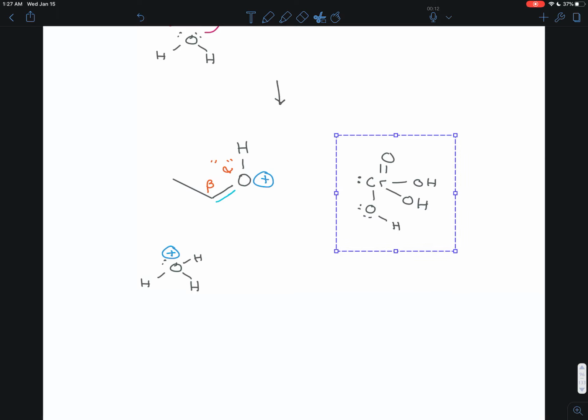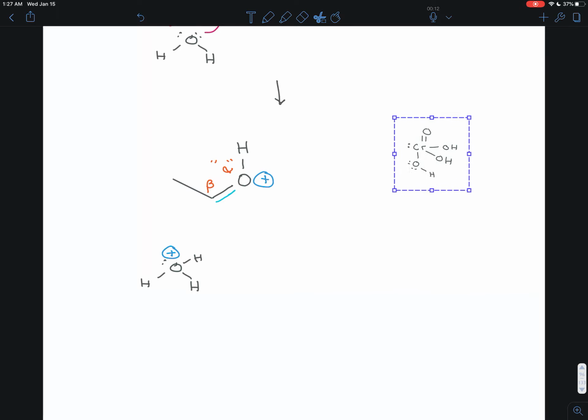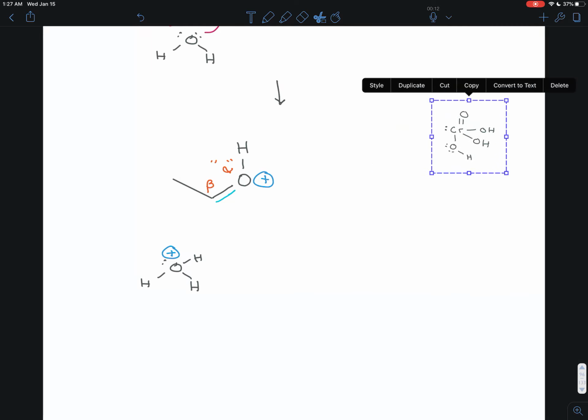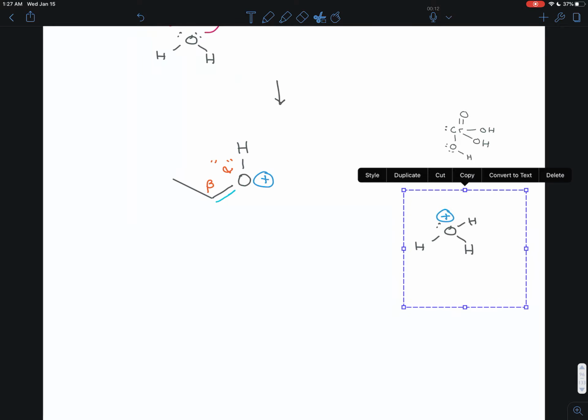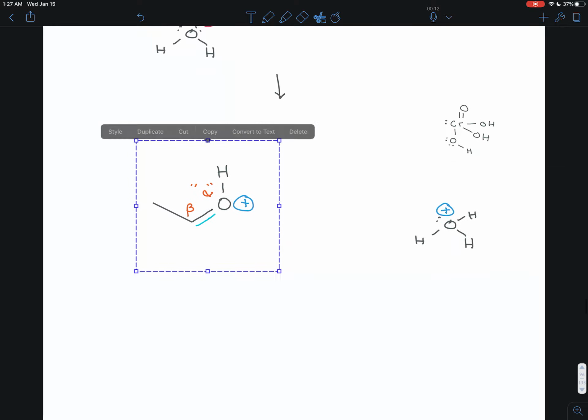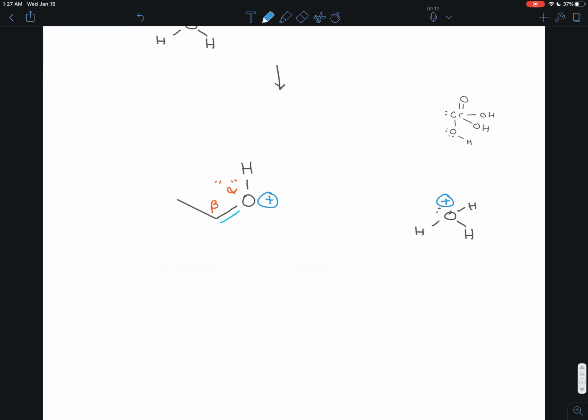Now, this chromium reagent is sort of a waste product. This specific molecule is not going to participate in the story of this carbon compound so much right now, so we'll set that to the side. The same for this hydronium molecule. We're focusing in on this carbon molecule. It has a positive charge, this oxygen here, so we're not quite safe yet.